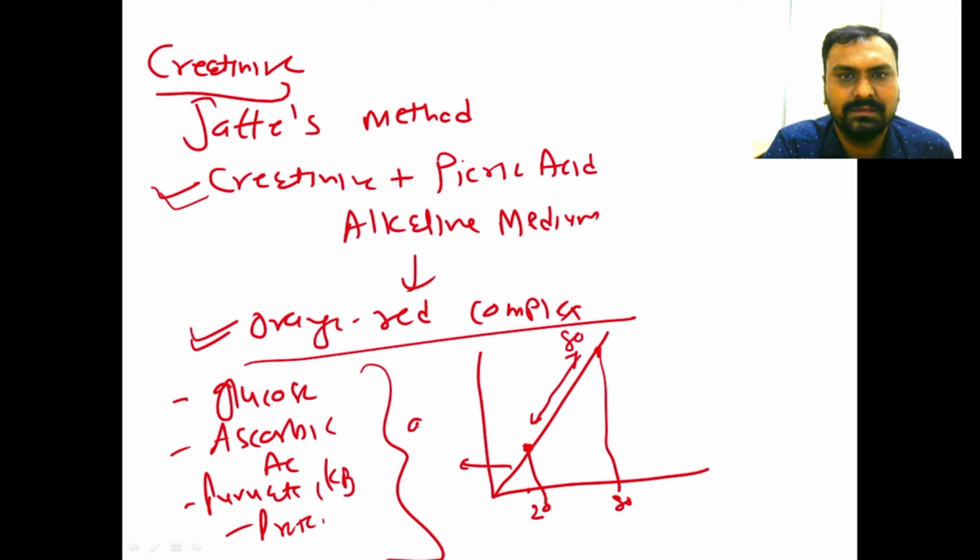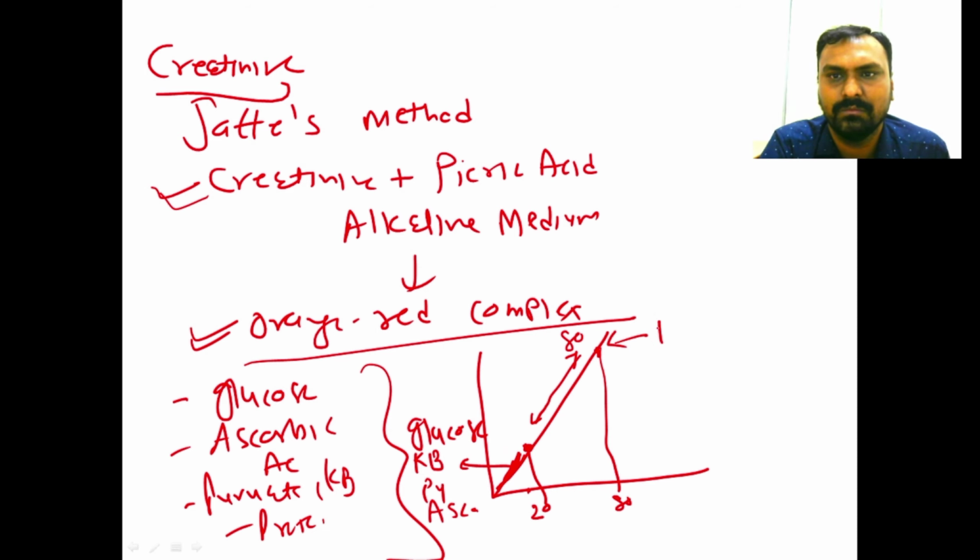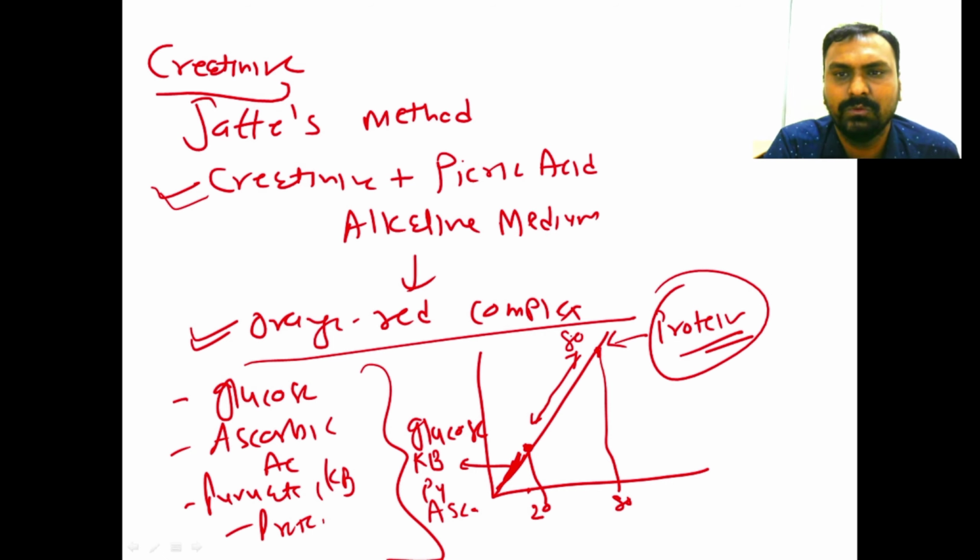Small substances like glucose, ketone bodies, pyruvate, ascorbic acid, are early interfering substances, while protein, a larger molecule, interferes late. So we have to inhibit this interference. So we take the absorbance at 20 and 80 seconds and the change in absorbance we measure with the factor. Okay, that's how it is called a modified Jaffe method.